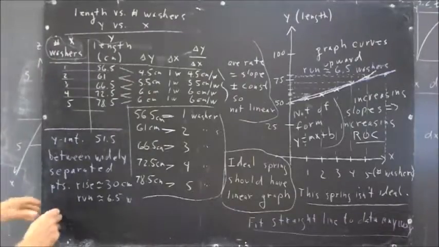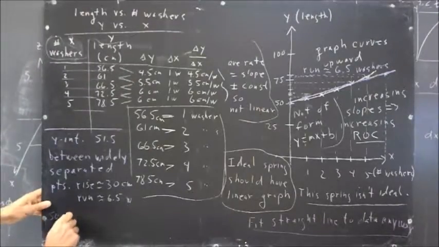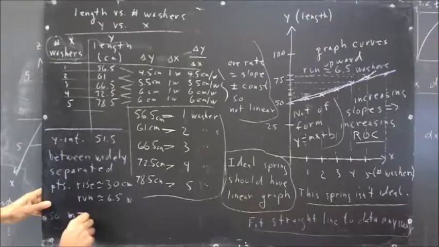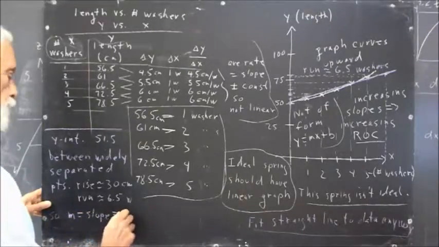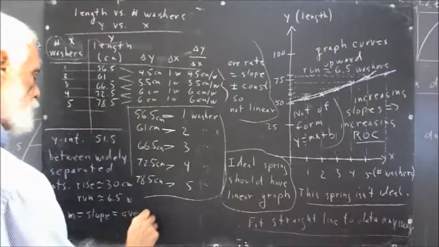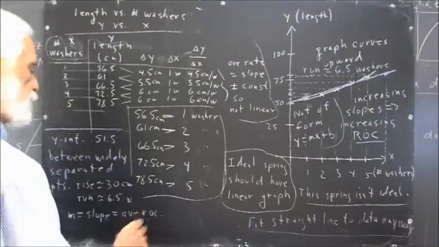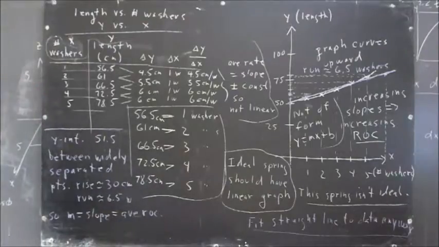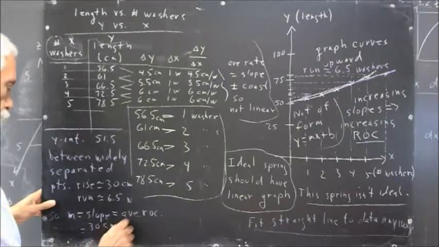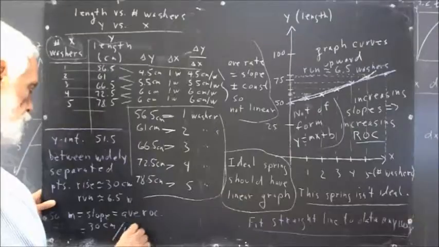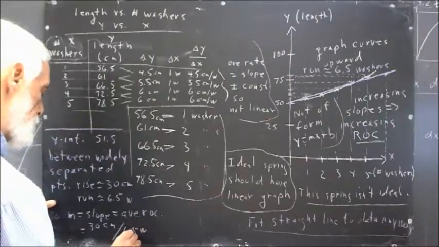So the slope, and I'll say that M equals slope, and that's also equal to the average rate of change of the length with respect to the number of washers, is the rise, which is 30 centimeters, divided by the run, which is 6.5 washers.